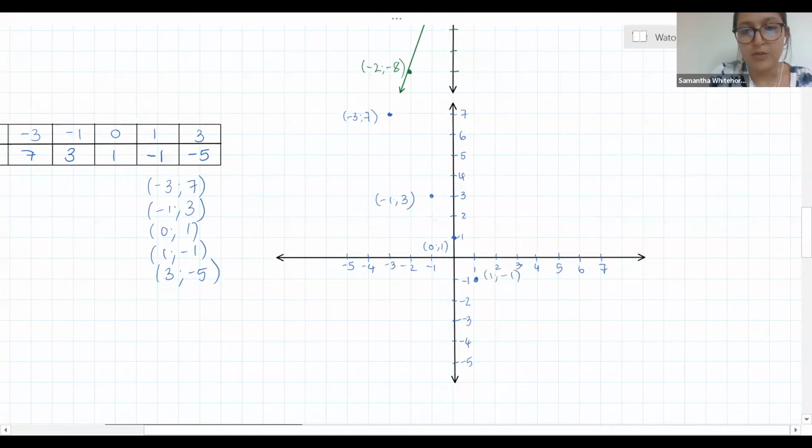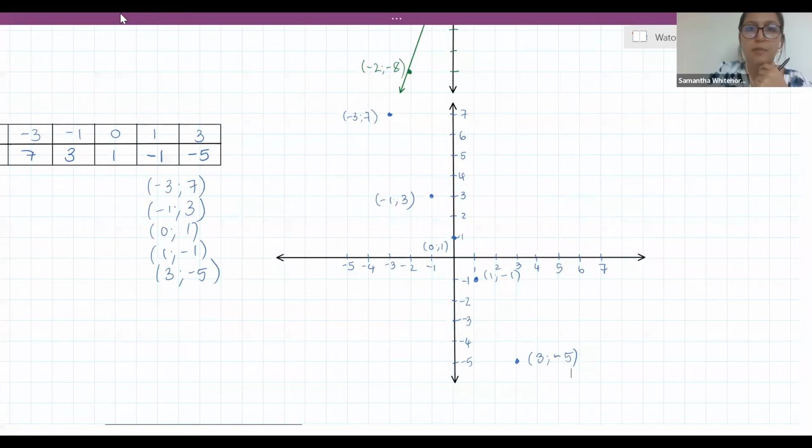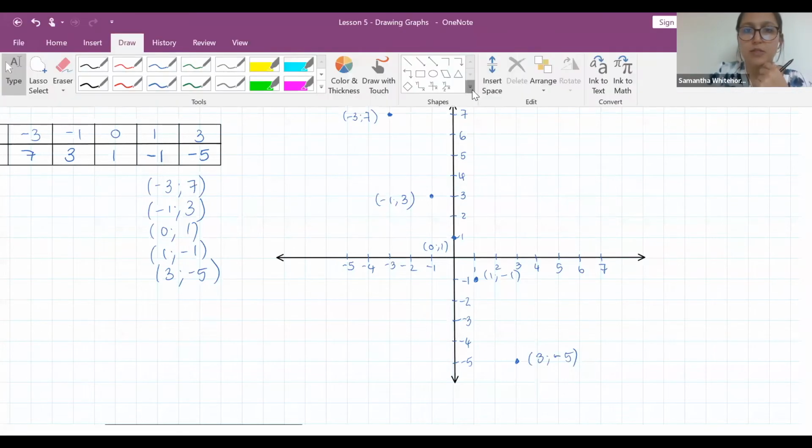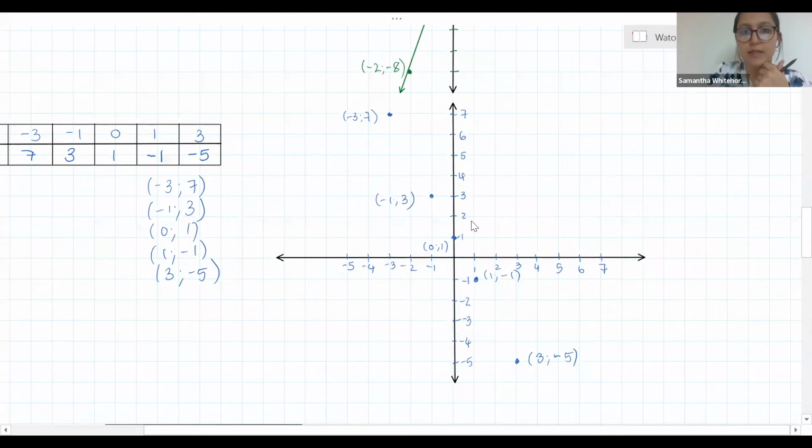And finally 3, -5. Okay, so there are our points. We can now pop in our line. Remember, it's a straight line, so you'll use a ruler. Join all of your coordinates as well as you can. And we have our graph.